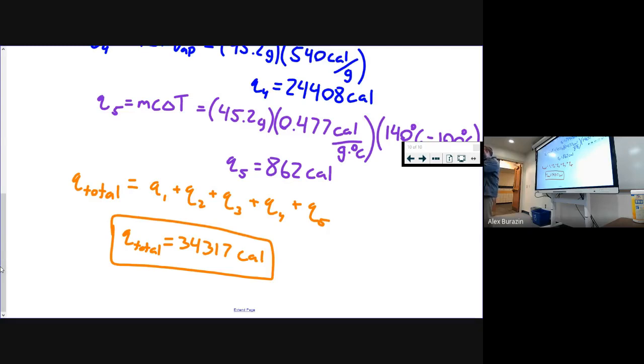And it was in a sealed container and all that good stuff, and we could calculate its temp all along the way until it turned into 140 degrees steam. It'd be hard to control adding specifically this quantity, but we could calculate what it took, so to speak. That's kind of what we're doing. There's not an instrument that's like, I want you to add 34,000 calories and that's it. And then it zaps it with a laser, maybe there is, I don't know.